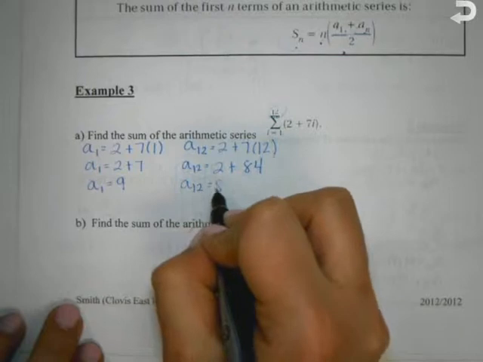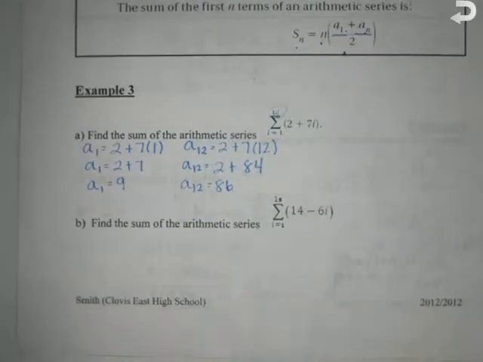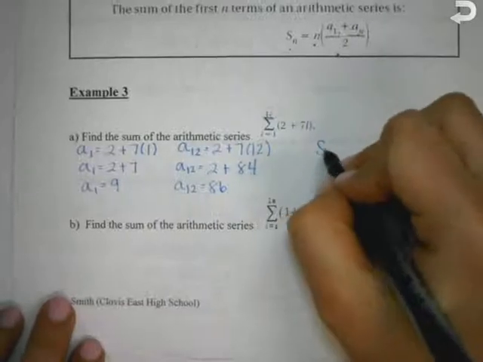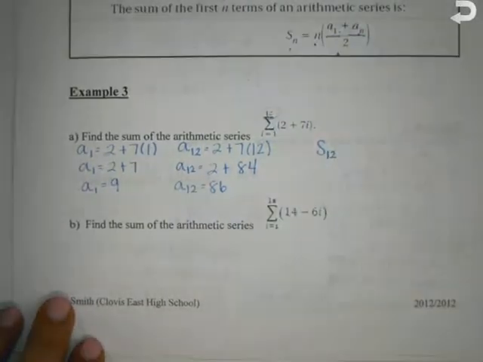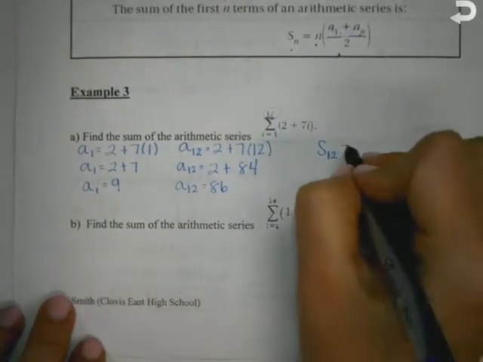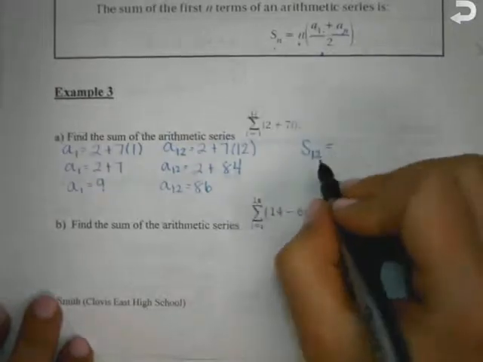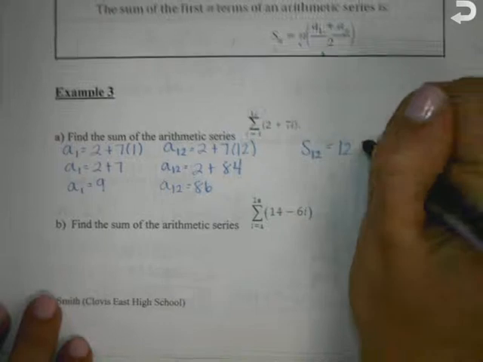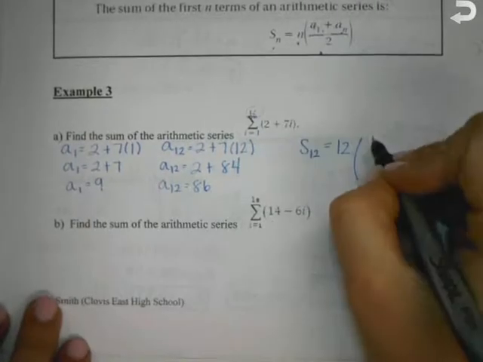The sum of the first 12 terms equals n. n is 12, the number of terms we're adding up, times a sub 1, 9, plus a sub 12, 86, all of that divided by 2.